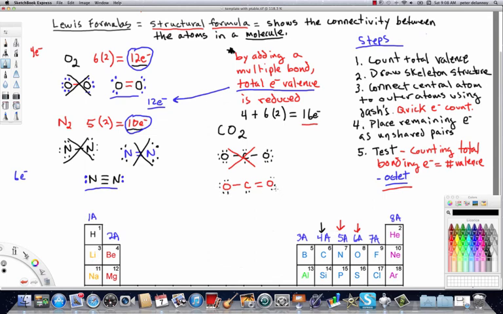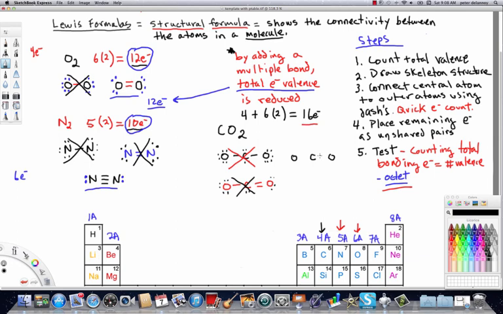And now I count. 2, 4, 6, 8, 10, 12, 14, 16, 18. Incorrect. Notice all I'm doing is letting the steps work for me. I just roll the steps.